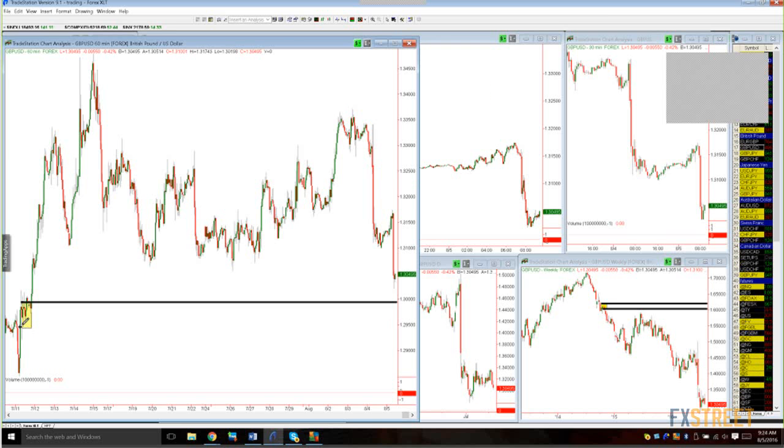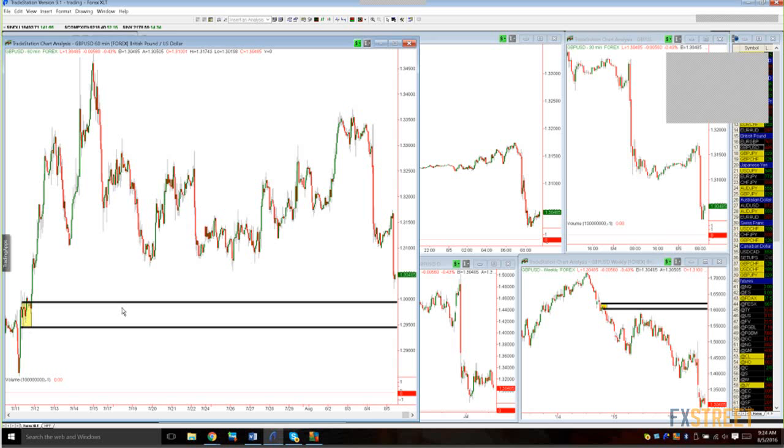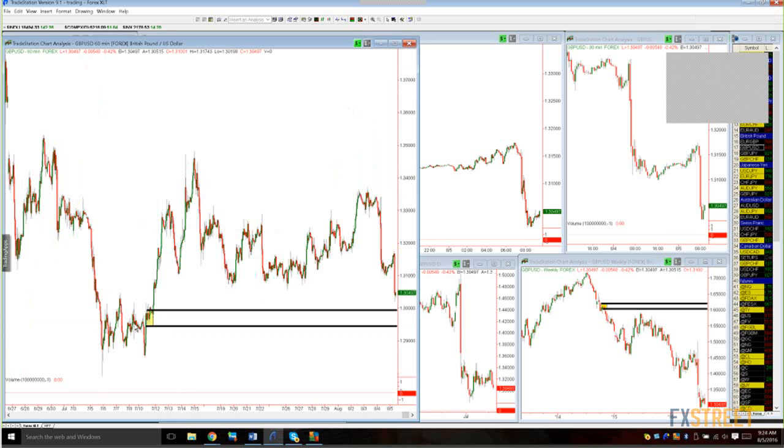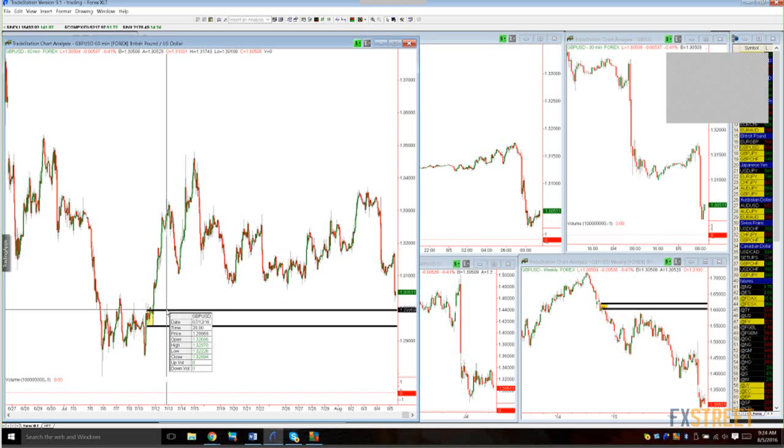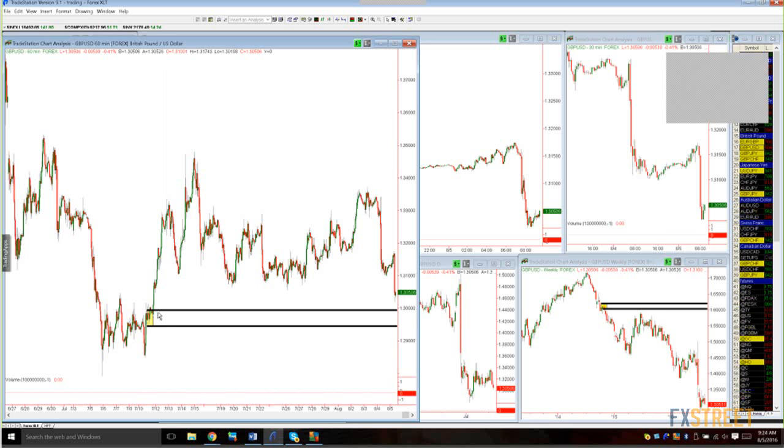Okay. Now, what is this level down here? We keep putting in levels and stuff, but what does this level really tell us here? It tells us the pound has been down, it's been beaten up. We all know the news, but for whatever reason, and I don't think the reason matters at all, at this price point, which is right here, 129.90-ish, there is a lot of demand for the pound.